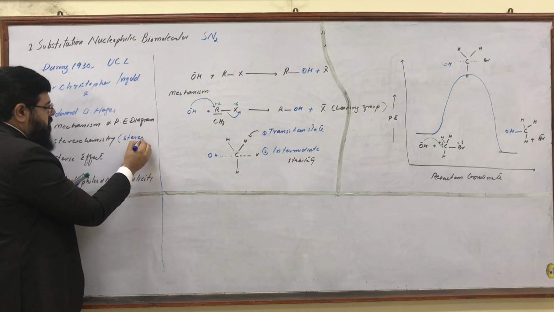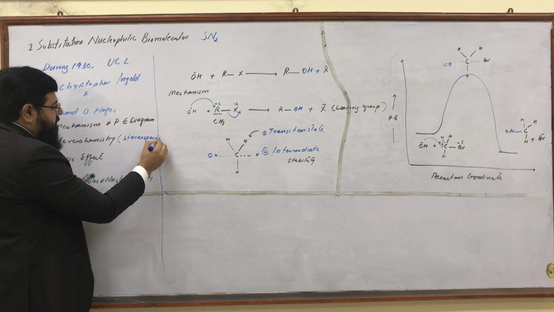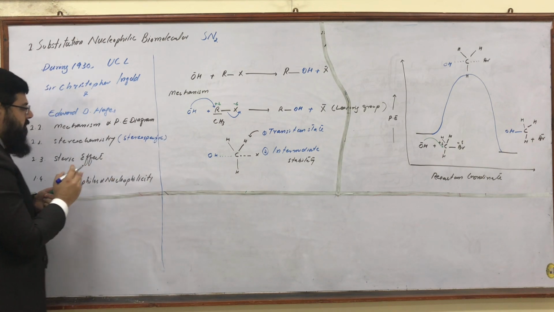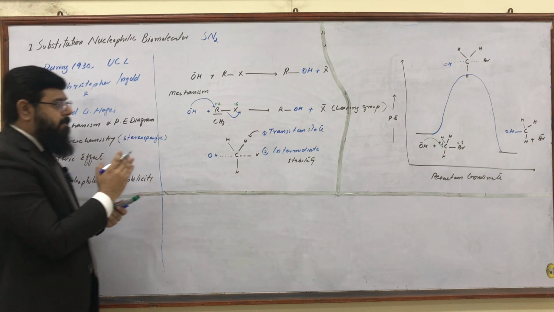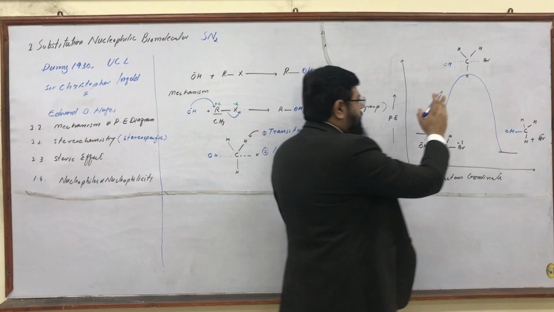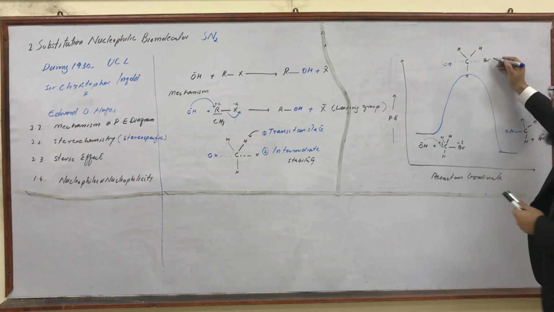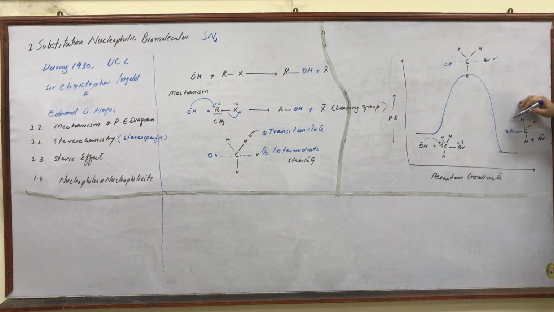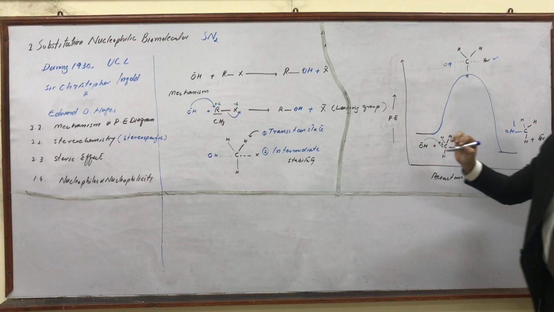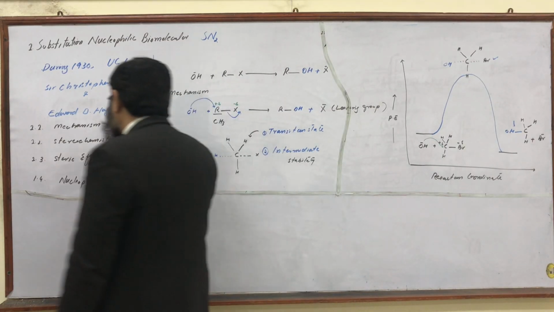Stereospecific means if the already existing group is at the right side, the new attacking nucleophile will be attached at the left side. So there will be 100% inversion of configuration.